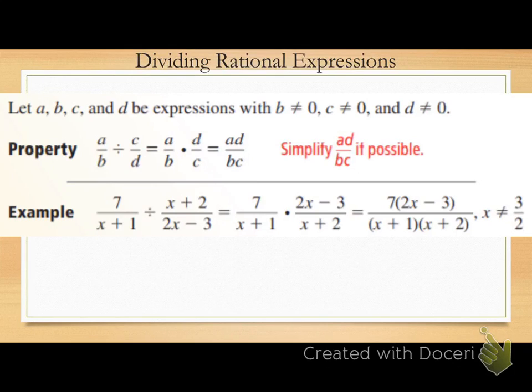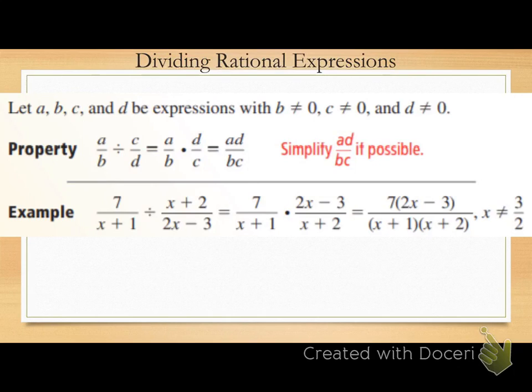And then it gives us a nice little example down there. 7 over x plus 1 divided by x plus 2 over 2x minus 3. They kept the first one the same. Flip the second fraction from x plus 2 over 2x minus 3 to 2x minus 3 over x plus 2 and multiply. 7 times 2x minus 3 over x plus 1 times x plus 2. X cannot equal 3 over 2 in this case.